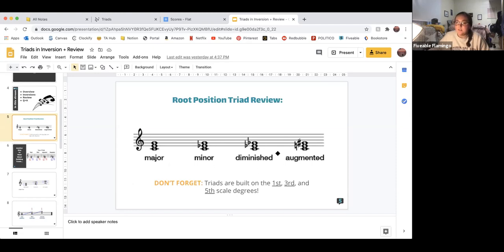Like I said, these two words are important to know, diminished and augmented here. Later, when we do part writing, that's when you're given a triad, and even though it may start on a D as the root note, we might be in a different key.